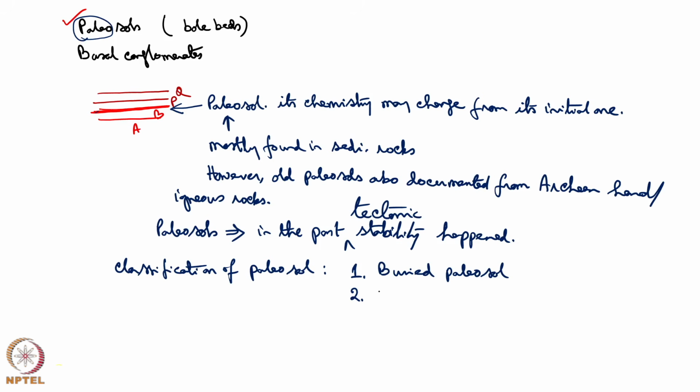The second one is called the exhumed paleosol, and number 3 is known as the relic paleosol.